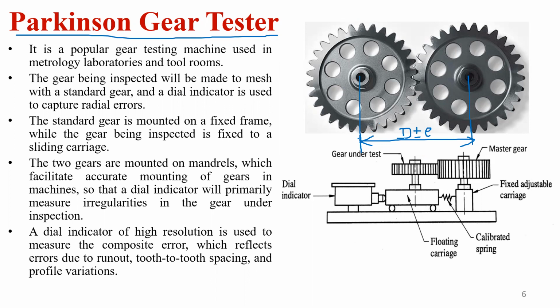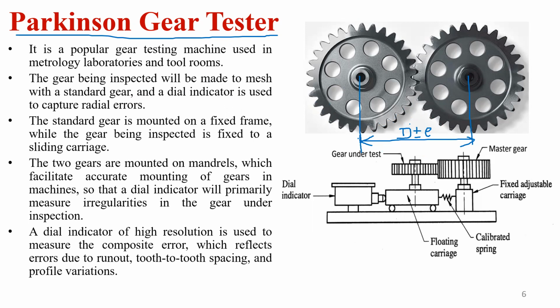So if the measurement is beyond the dimension D plus or minus e, that is, the center distance is more than or less than this specified distance, then that gear will be rejected.